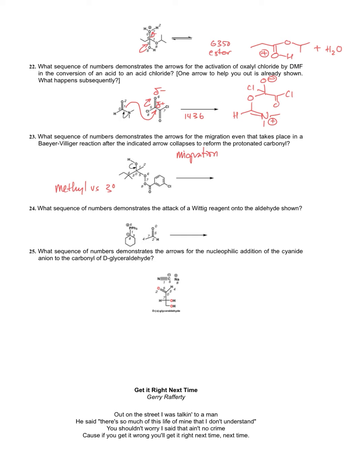So from there, the odd numbers are the bonds. 3 is going to attack 6, and then 7 is going to break to put electrons on 8. So 3 migrates over to 6, 7 goes on to 8. 3, 6, 7, 8.